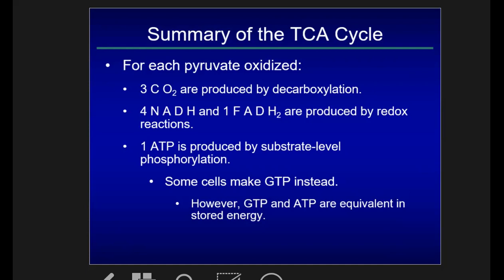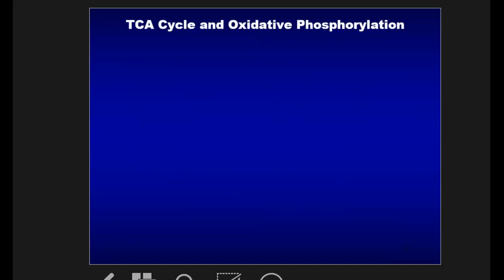Okay, so that electron transport chain process is called oxidative phosphorylation. When I say the word oxidative, what do you start thinking about?